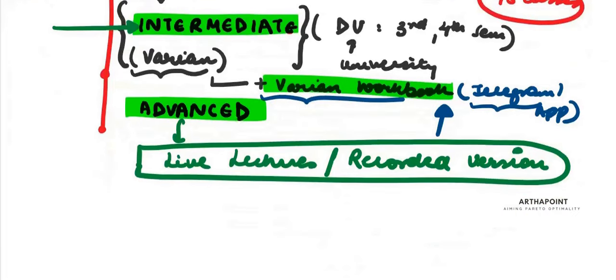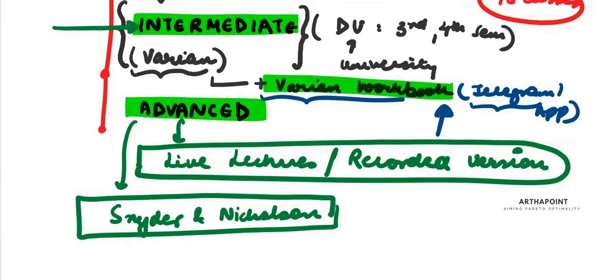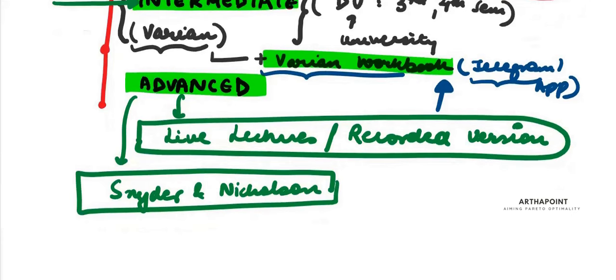The background book for this is Snyder and Nicholson. But you don't have to open up this book if you think it is difficult. You just have to look through the lectures that we do and the notes that I give you and the assignments that I give you.